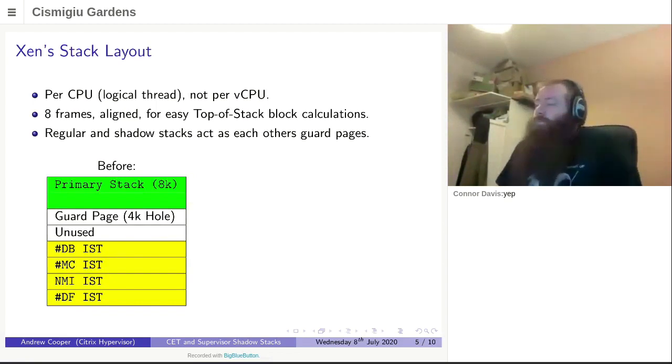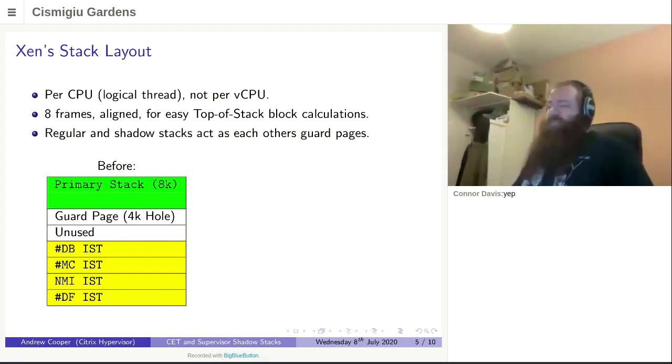What we have is 8 frames which are aligned, an order 8 allocation, which allows you to easily access the top of stack block by taking your stack pointer and anding some bottom bits into it. Xen does not use FS-base and GS-base for thread local storage because PV guests use that, and Xen needs to use something different. And it turns out that this has actually saved us from a large number of privilege escalation corner cases, so we like that.